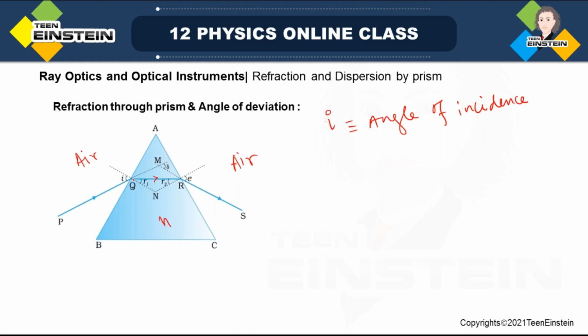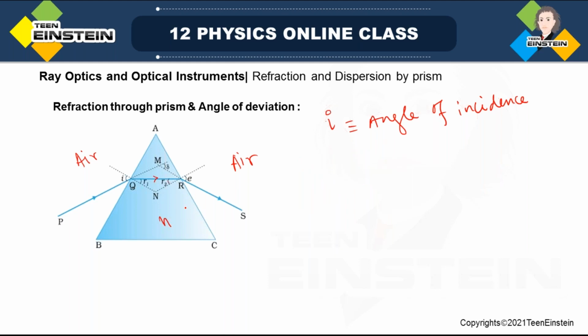In between, when light goes from point Q to point R, nothing happens, so it travels in a straight line inside the same medium. We'll show that this angle of refraction R1 and R2 are equal to each other, and at a certain condition, I is equal to E, that means the angle of incidence is equal to the angle of emergence. Those things we'll be discussing here.